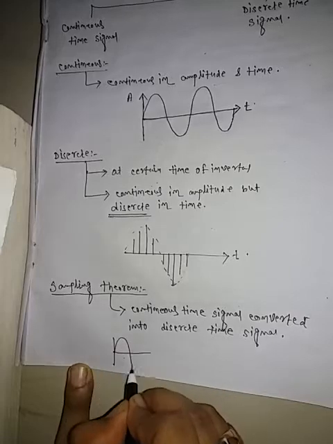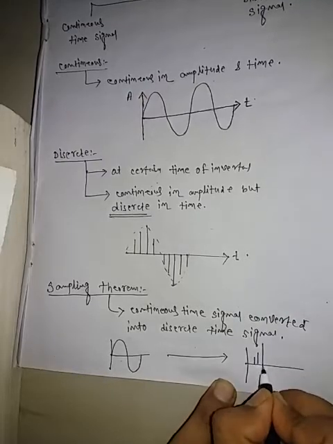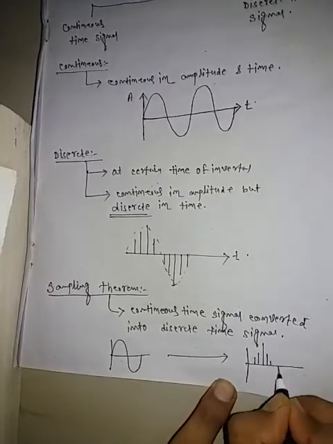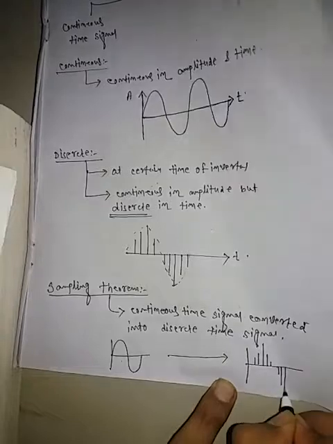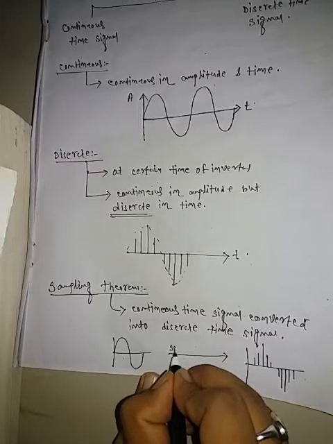This is the continuous signal, converted into this type of signal. This is the discrete signal and this is the continuous signal, with the help of the sampling theorem.